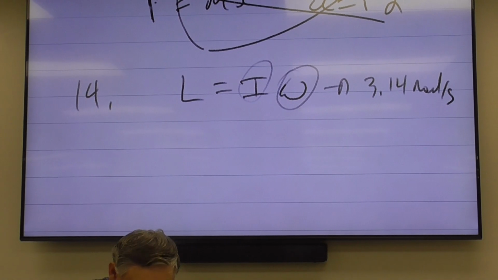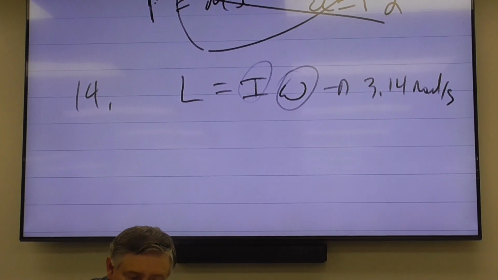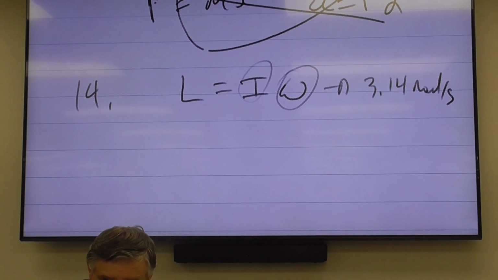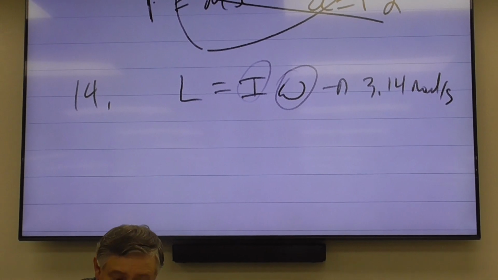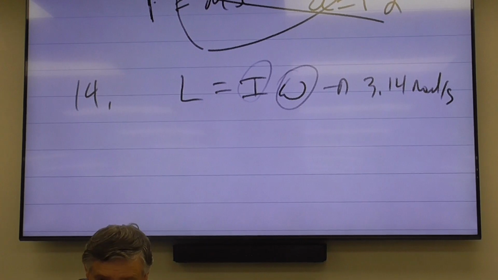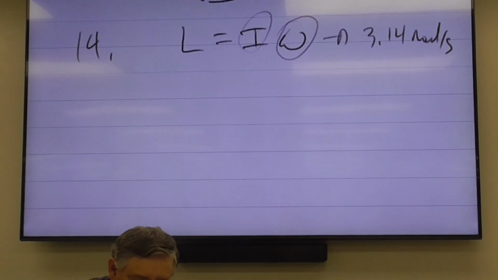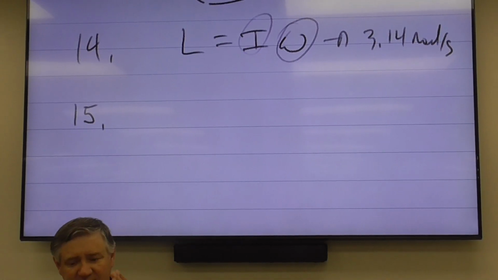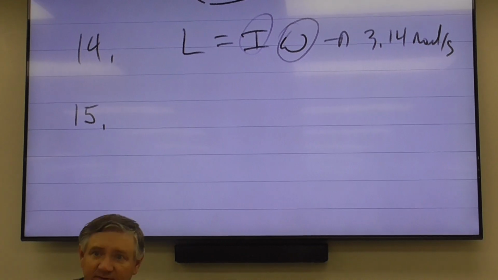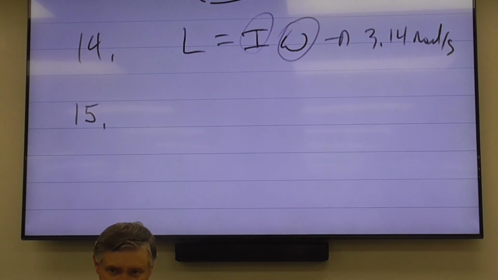So that overall angular momentum when you get done should be something times 10 to the negative fifth. It should start with a 4 and be 10 to the negative fifth. Okay? Cool with that? Cool. Now, when you get to 15, just like linear momentum is conserved, angular momentum has to be conserved.